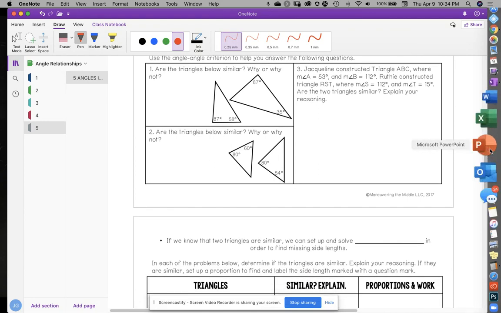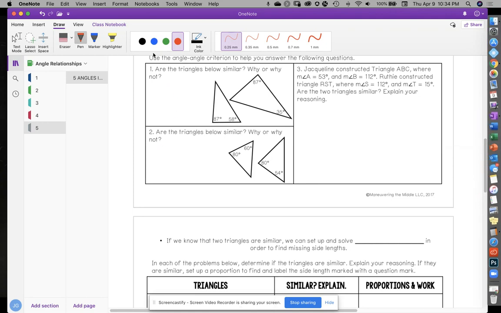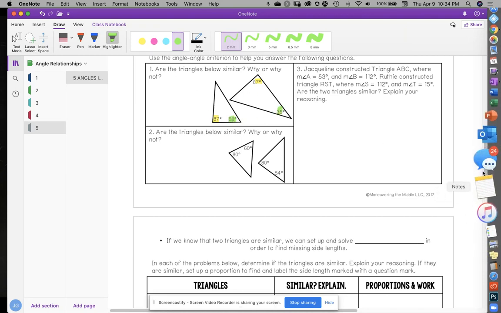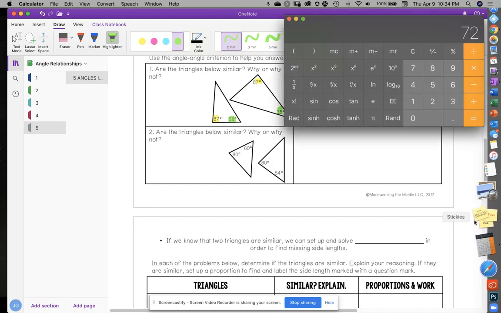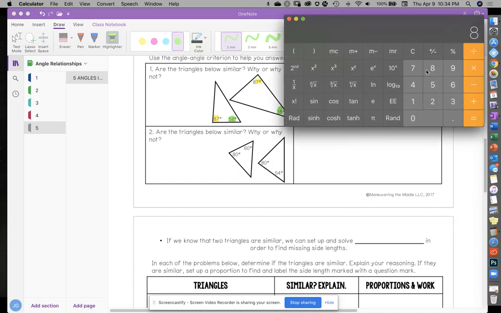Number 1, are the triangles below similar? Why or why not? All right, well, first thing I notice is they both have an 87-degree angle. Now, if I took 58 and 35 and 87, would it equal 180? So let's do 87 plus 58 plus 35.